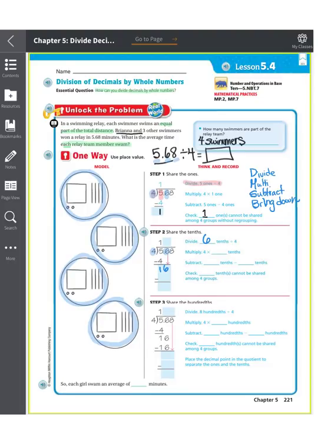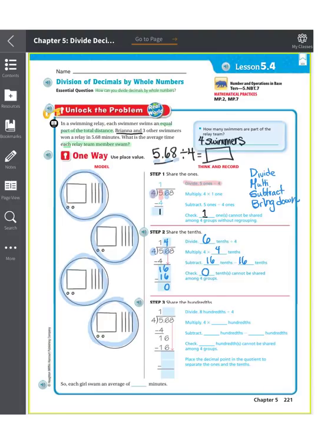So now we're going to multiply 4 times a number to get the tenths. So if I multiply 4 by 4, I know that I'm going to get 16. So I'm multiplying 4 times 4 to get 16. Then I subtract 16 tenths minus 16 tenths, and I get 0 tenths.